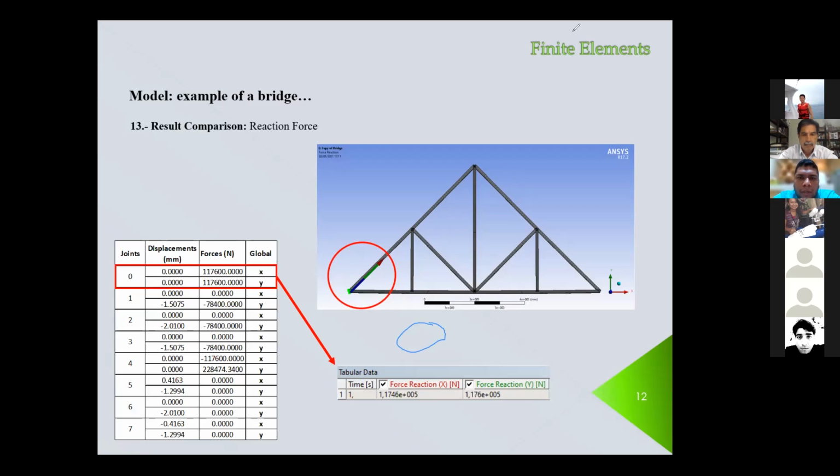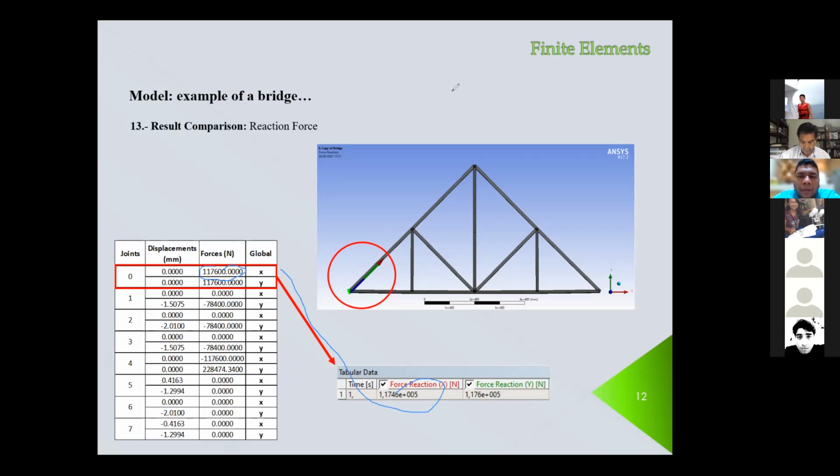As you see, the values in these components are practically the same. Okay, so you see they are compared to this. Okay, but it's the same. So also you compare, this is reaction 4.